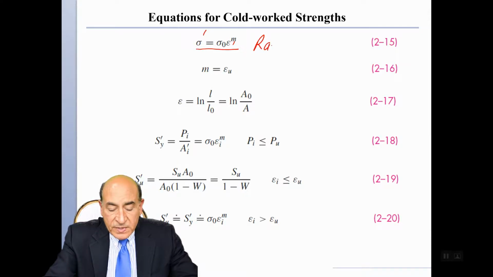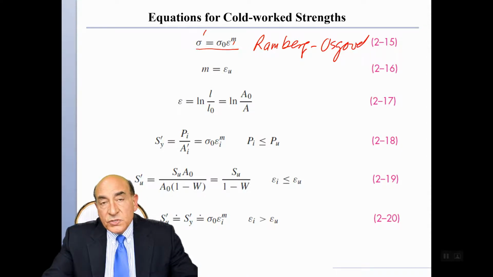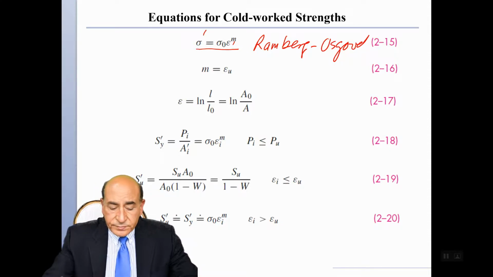This relationship is called the Ramberg-Osgood relationship. And it is similar to Hooke's law, but Hooke's law applies only to the elastic regime. This goes into the plastic regime. And it has two constants. Hooke's law has only one constant, that's E. This has two constants, M and sigma 0.